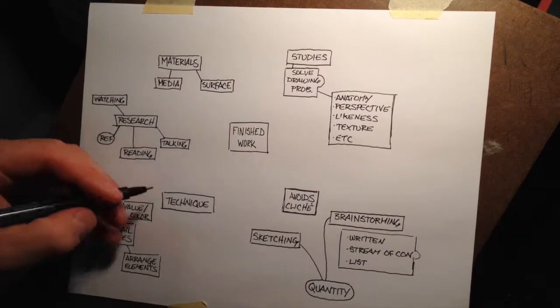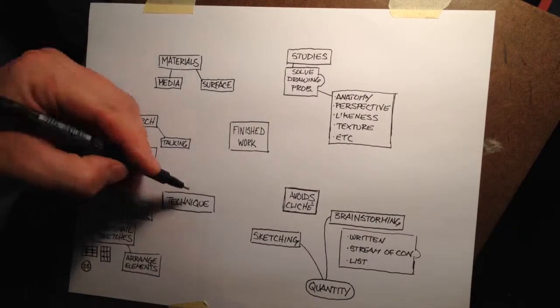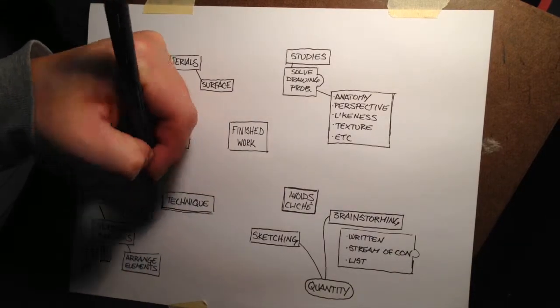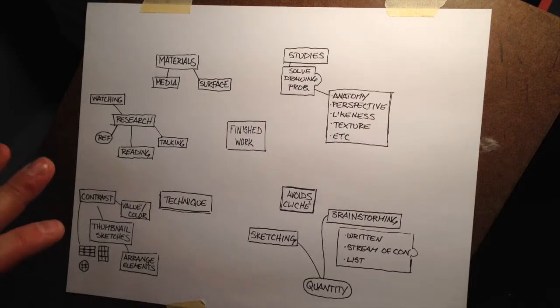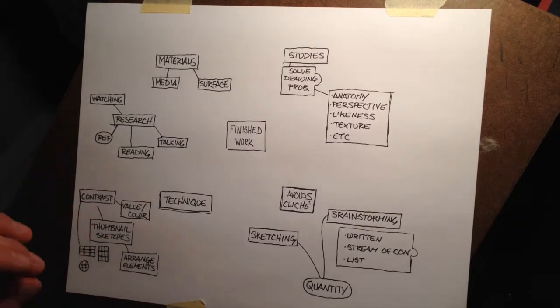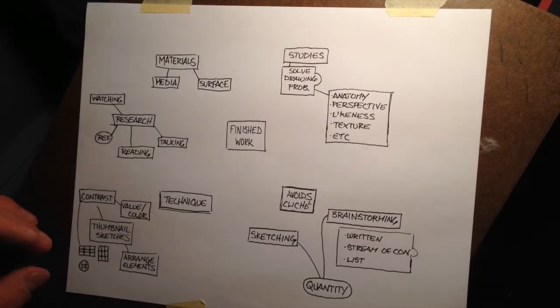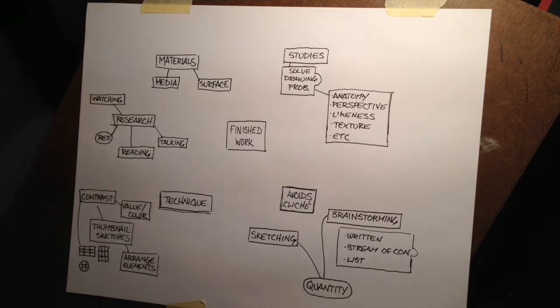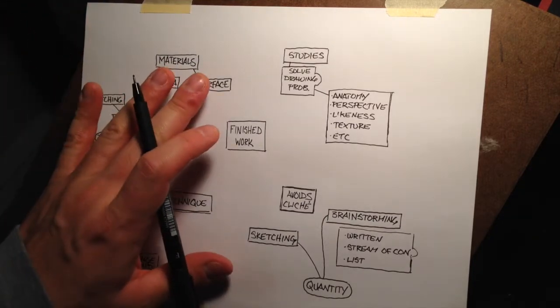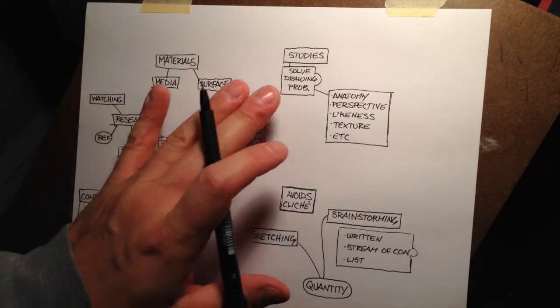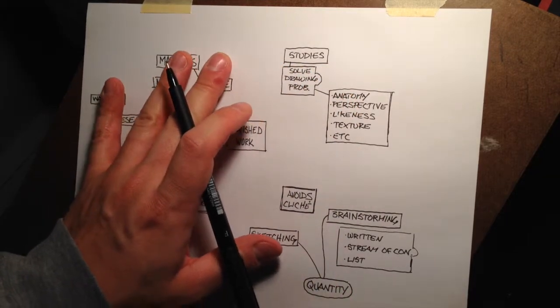As long as you spend time with and give thought to each one of these, even if it's a little bit, even if it's a second's thought or it's already predetermined, as long as at some point you've made a decision. You may be doing a series, and you're using the same material for every piece. Well, you really don't have to think about this too much, but you thought about it at some point.